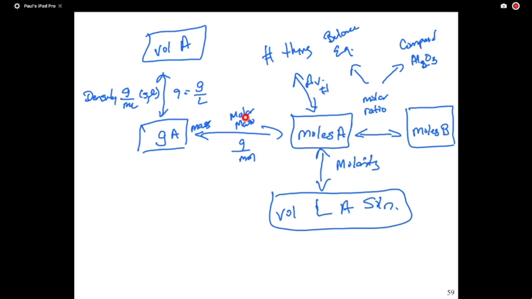Molar mass goes from one key area to the next. Molar ratio goes from one key area to the next. Avogadro's number goes from mole to numbers of things. And molarity is the last piece that we're teaching you to make big types of conversions. The reason why we use molarity is that is how things are used in lab most often.